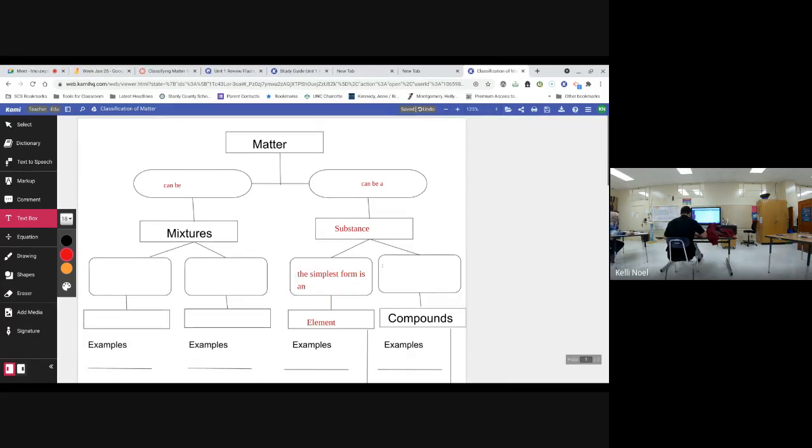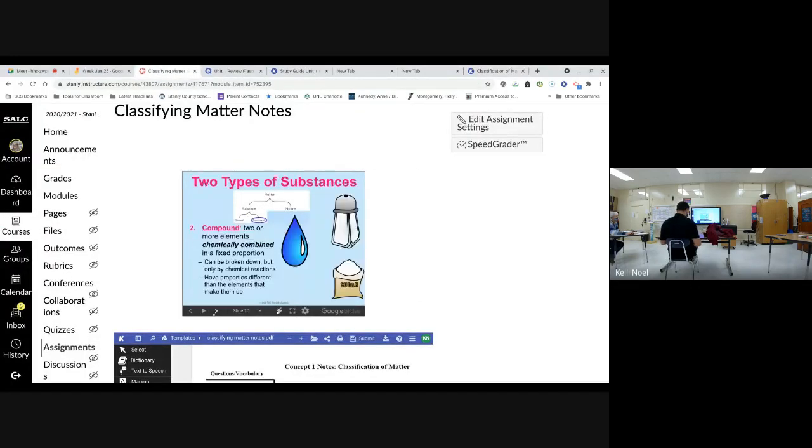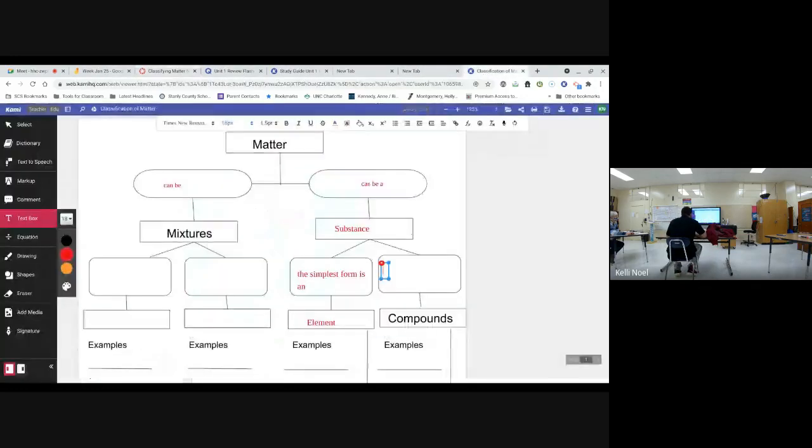Well, if that's the simplest form, then what is a compound? Let's go back and look. Compound is two or more elements. So it's a substance that's in a fixed proportion. That's the key word I was looking for. So a substance that is in a fixed proportion is or are compounds.